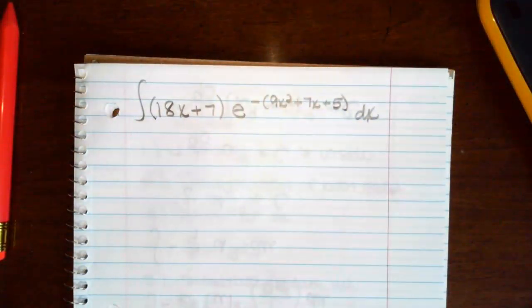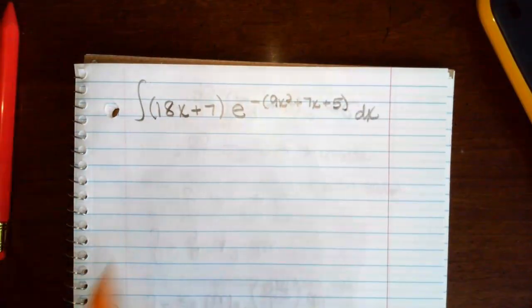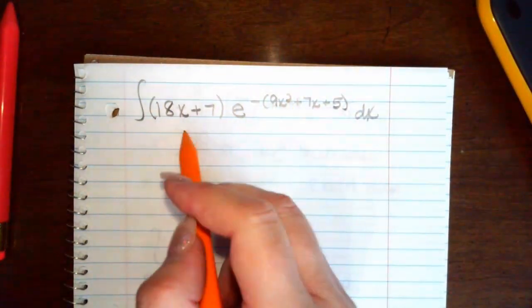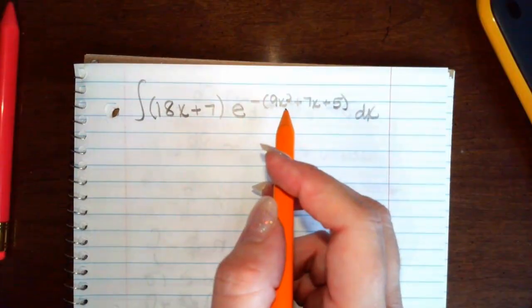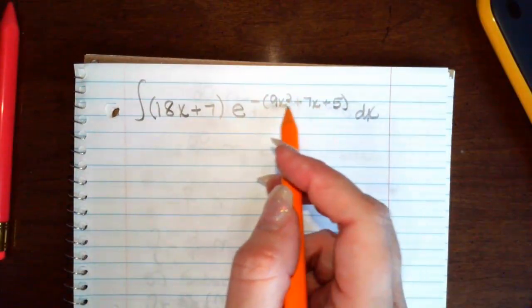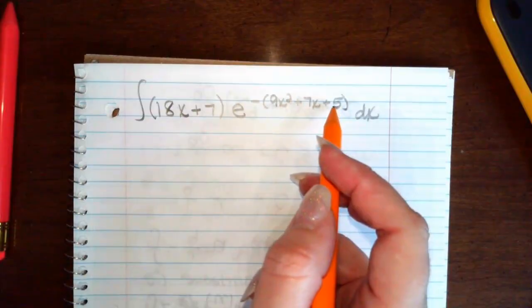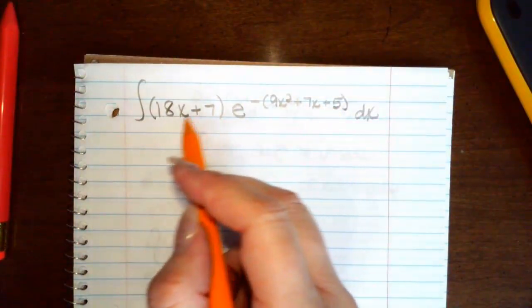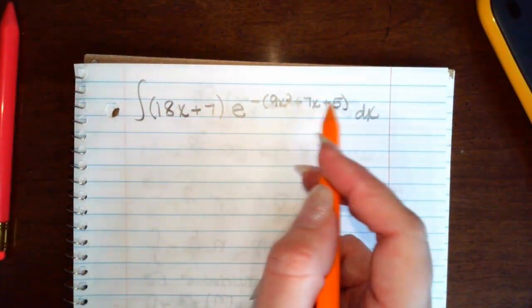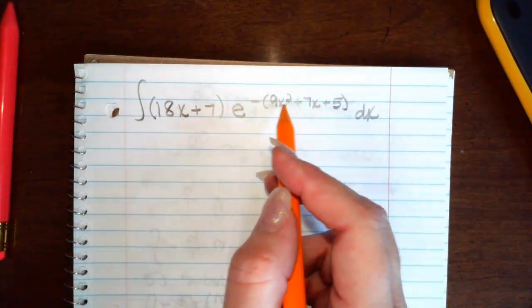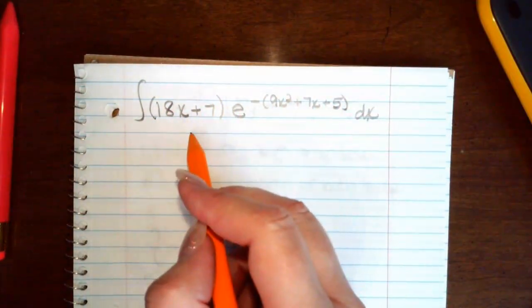So that is what we are starting with. Well, this time I've got two insides, so I need to choose which one I want. If I take the derivative of this one, I get this one. So I'm leaning towards this being my u, and I bet this somehow is going to be my du.